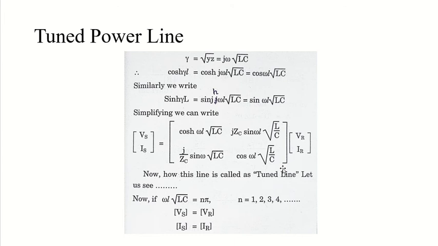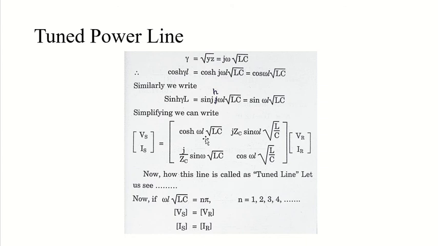When we substitute that in that matrix, these are nothing but my ABCD parameters A, B, C, and D. To verify that, you can take the value of A and the value of D, both are equal, and you can also do AD minus BC and you will get the value 1. So by doing that you can verify it.